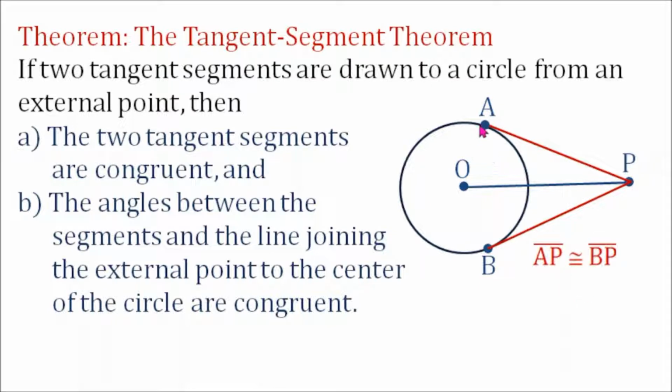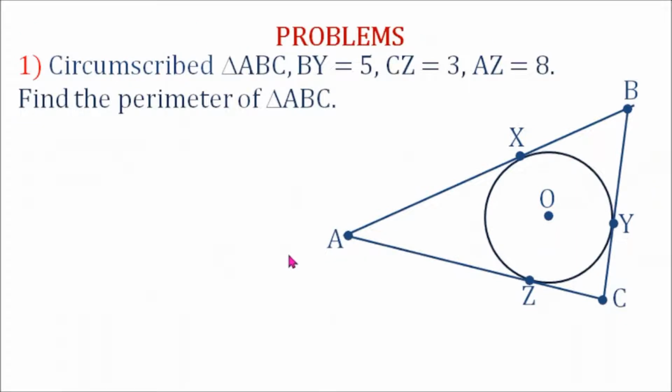That means line segment AP is congruent to line segment BP. Also, the angles between the segments and the line joining the external point to the center of the circle are congruent. This means angle APO is congruent to angle BPO.